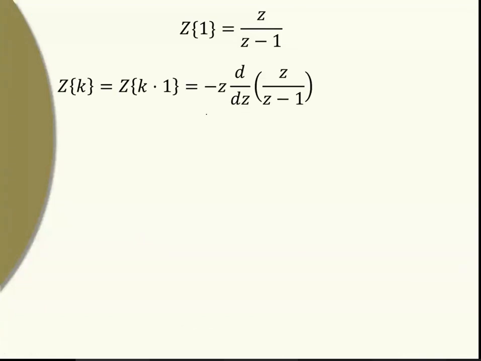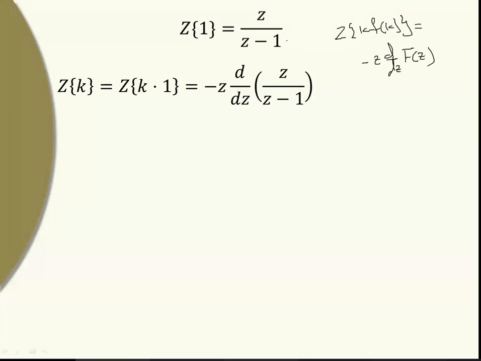Use the multiplication by k property: the Z transform of k into f of k is equal to minus z d by dz of F of z.